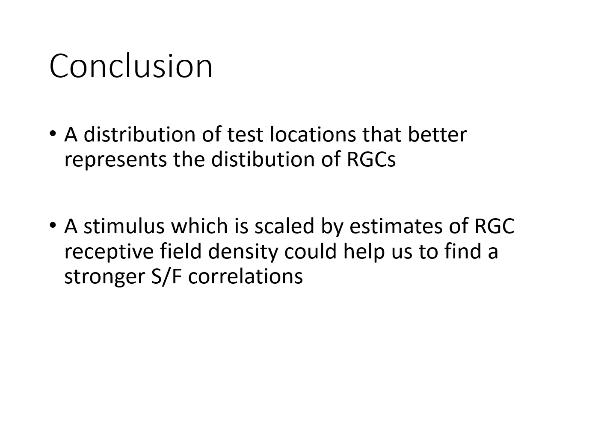A distribution of test locations that better represents the distribution of retinal ganglion cells, and/or a stimulus which is scaled by an estimate of retinal ganglion cell receptive field density, could help us to find a stronger structure-function correlation in the future.